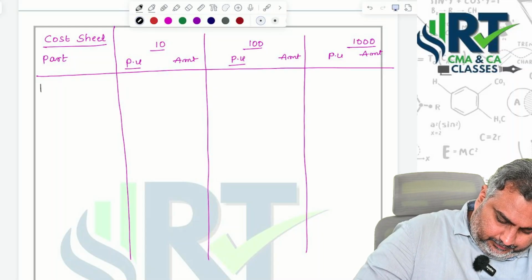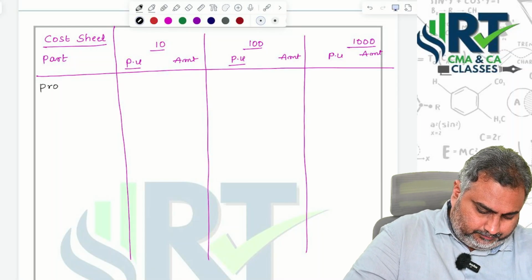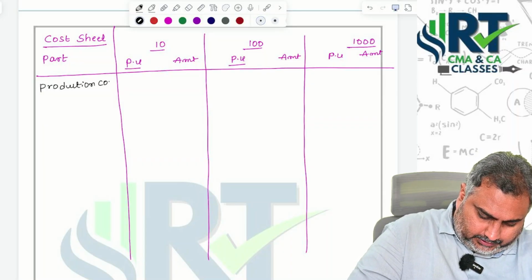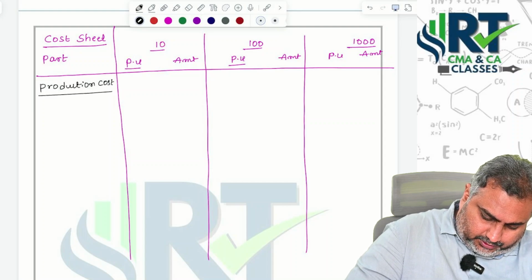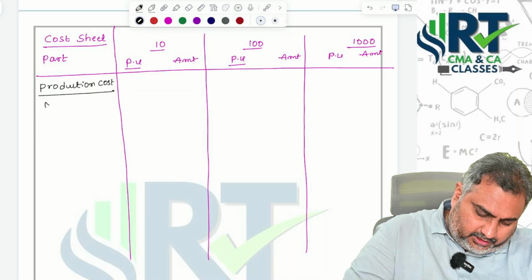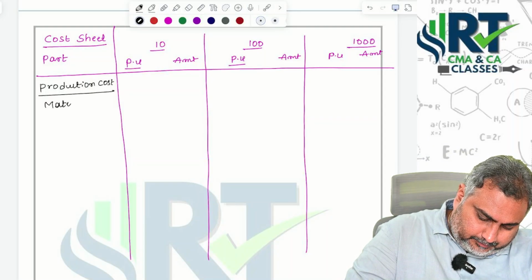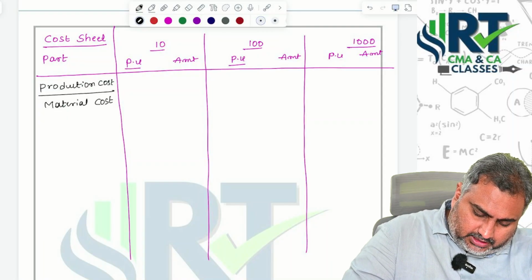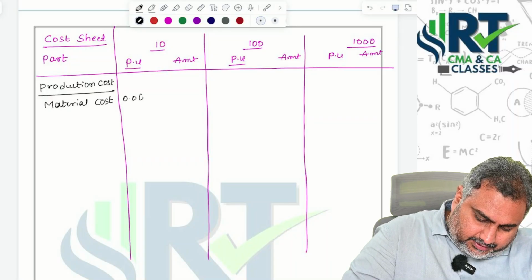First, production cost. Production cost means don't feel that only wages and overheads only. We have material cost also. What they said, material cost per component is 6 paisa.